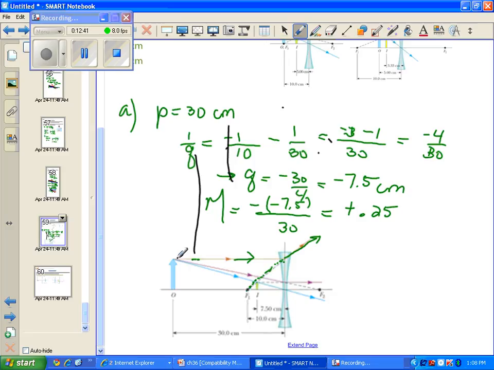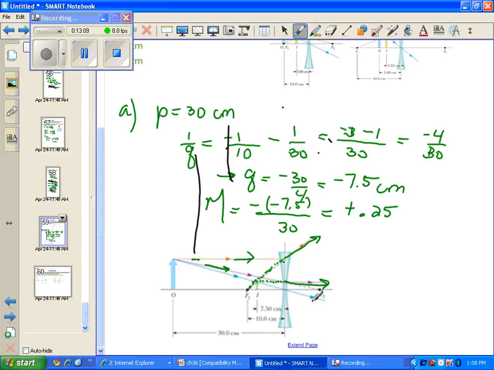Second one passes from the object, here we go, it's the purple one, as if it's going through F2, but before it gets to F2, of course, it transmits, and then again we backtrace that transmitted ray.